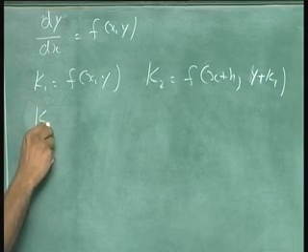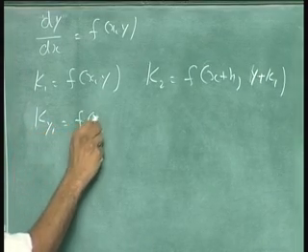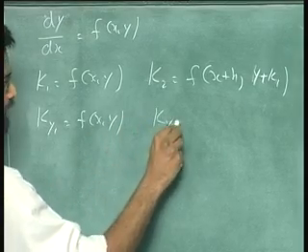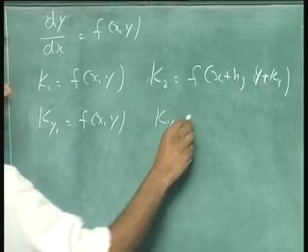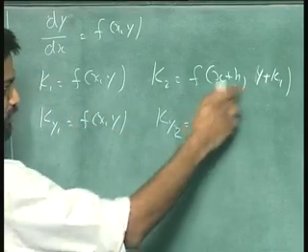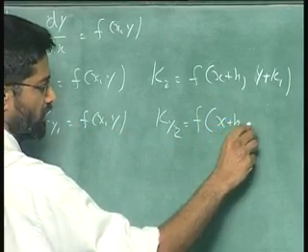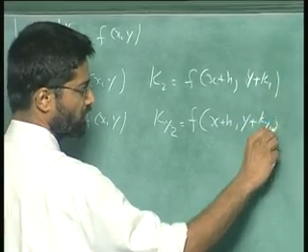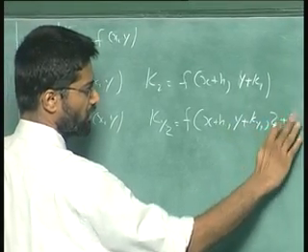Okay, ky1 as f at x comma y, and we say ky2 is now f at, in general it can be a function of x, y and z, so we'll say x plus h, y plus ky1 and z plus kz1.